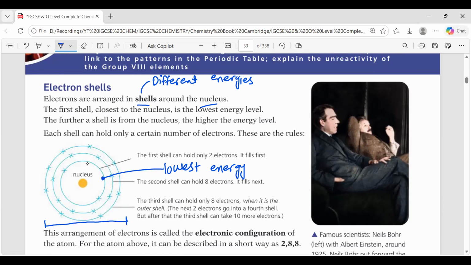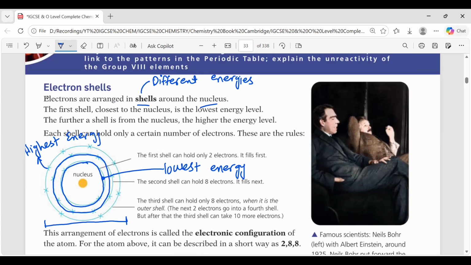After this, the energy will keep increasing. As the number of shells increases, the energy increases. So the last shell will always have the highest energy.